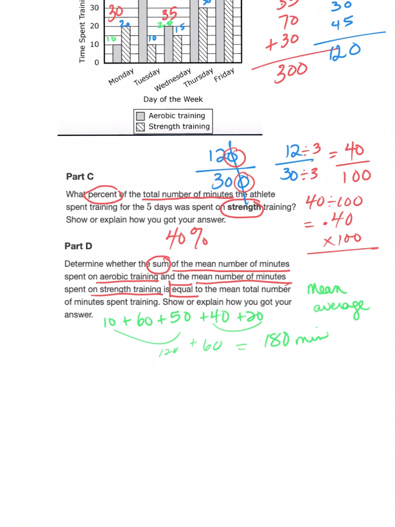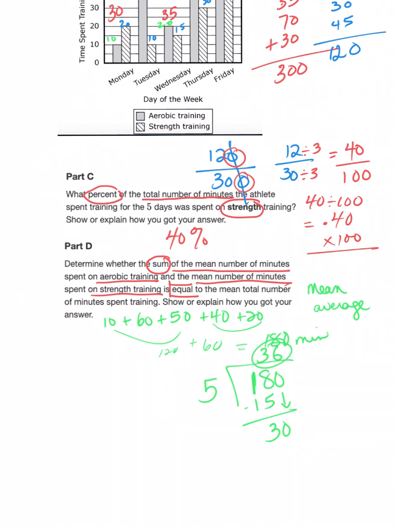Remember how to do long division, friends. 180 minutes divided by 5. So 3 times 5 is 15. 8 minus 5 is 3. Bring down the 0. And 6 times 5 gives me 30. So the mean for the aerobic training is 36 minutes.